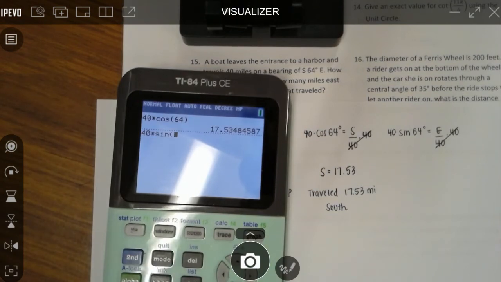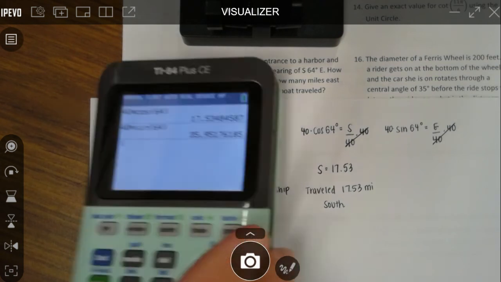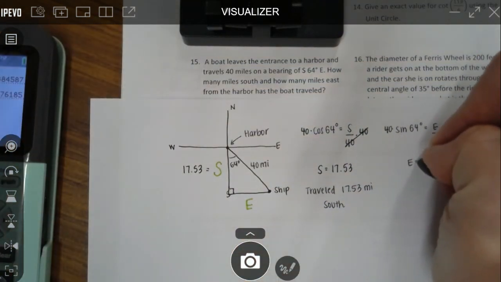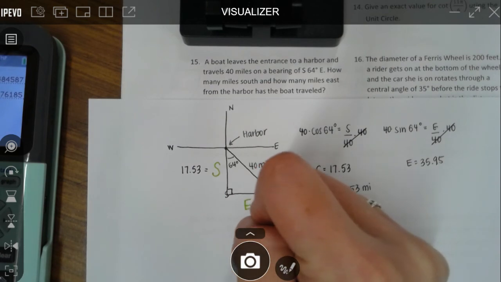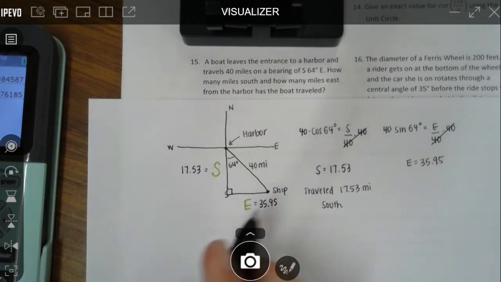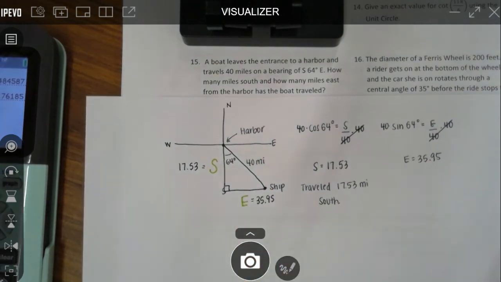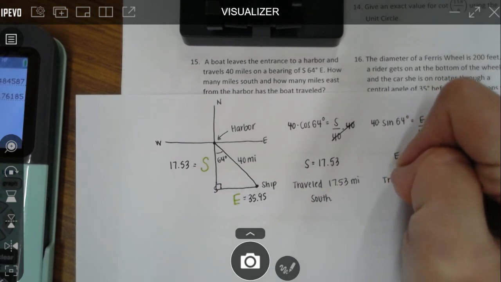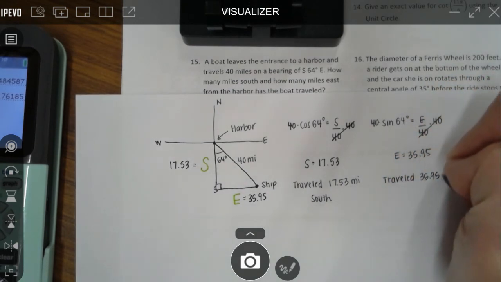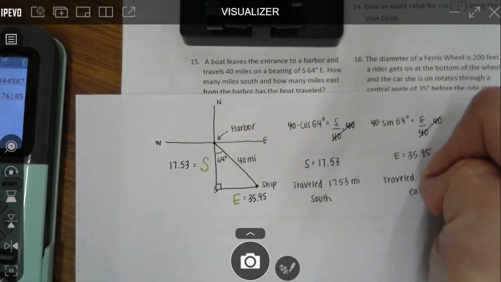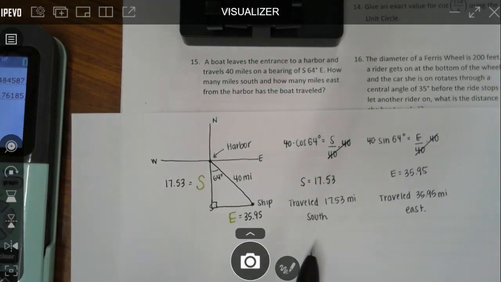So 40 times the sine of 64 should be about 35.95. So that means that my ship has traveled about 35.95 miles east. And there we go. We've answered our question.